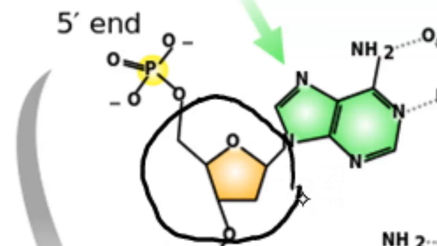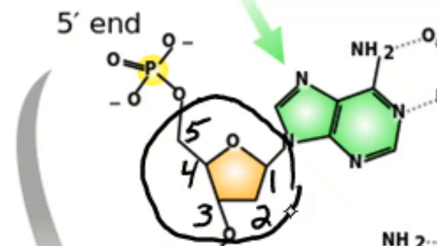So this first bend here is the first carbon. This one is carbon 2, carbon 3, carbon 4. And you'll notice there's actually an oxygen here, so that's not where the 5th carbon is. The 5th carbon actually extends off of the pyramid shape to be the carbon at the top of this bend right here. So these are the 5 carbons of deoxyribose, which is the sugar that's found in DNA.